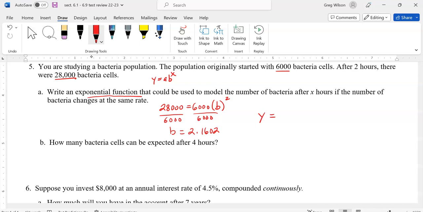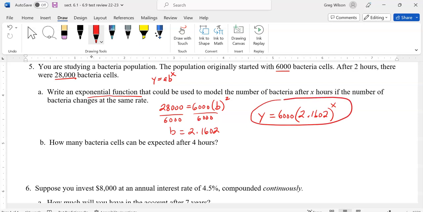So the answer to part A is Y is going to become a beginning total of 6,000 when growing at this rate over a certain amount of time will become whatever the ending number is. Okay, so that's the answer for letter A.